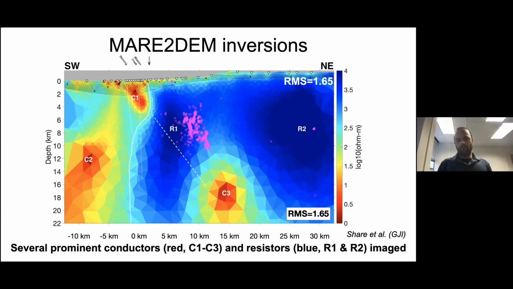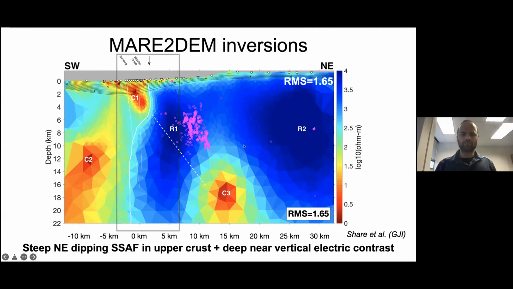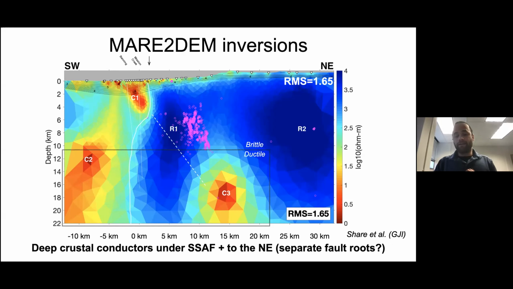So, just to mention again, those are the two features that are very well resolved. And then as you go to greater depth, these two deeper conductors, I'm pretty excited about this, but as soon as we cross the brittle-ductile transition in this area, that is when these two conductors start showing up. And in fact, lower crustal conductors in highly active tectonic regions are seen quite ubiquitously in MT models and electromagnetic models.